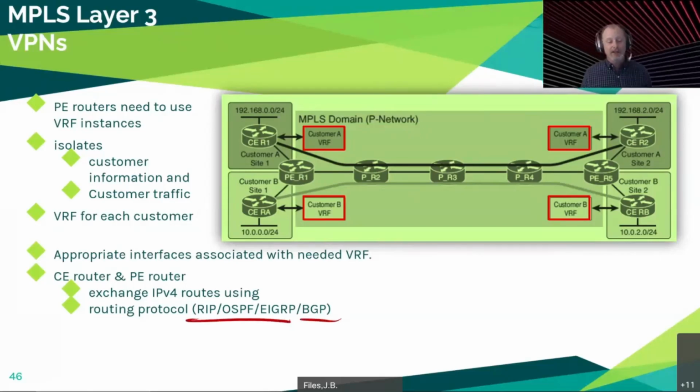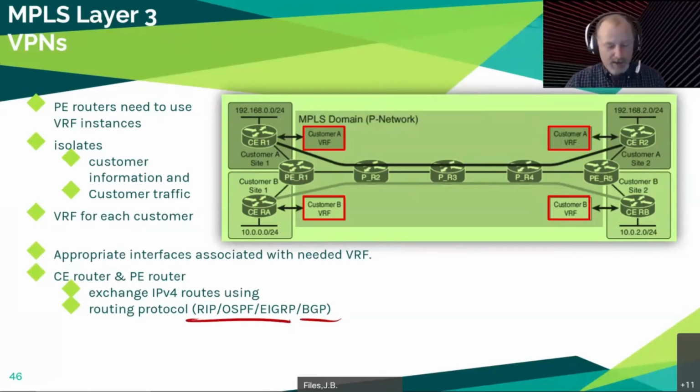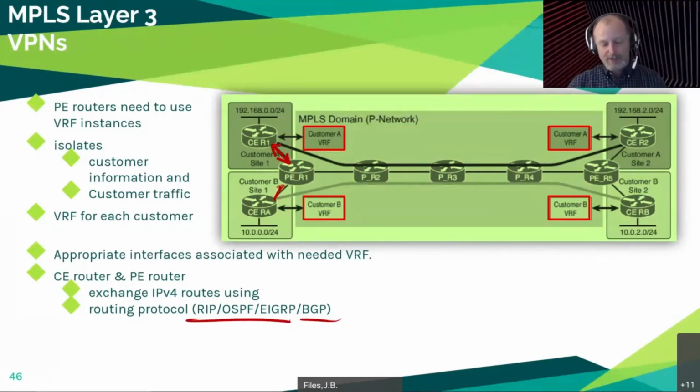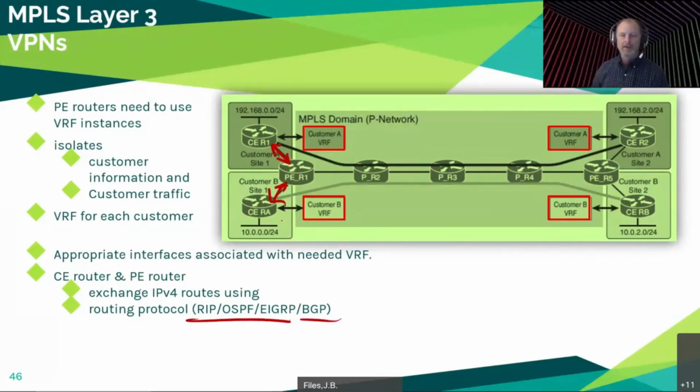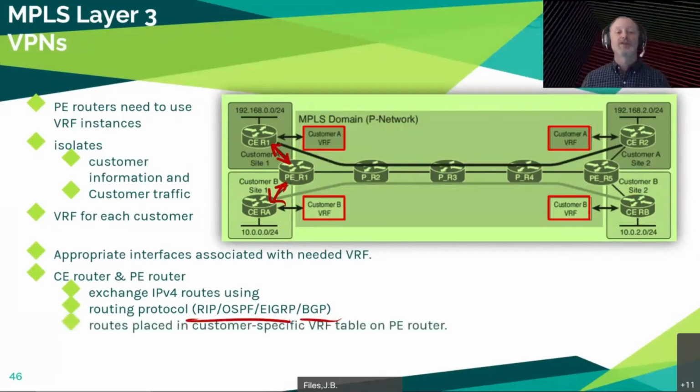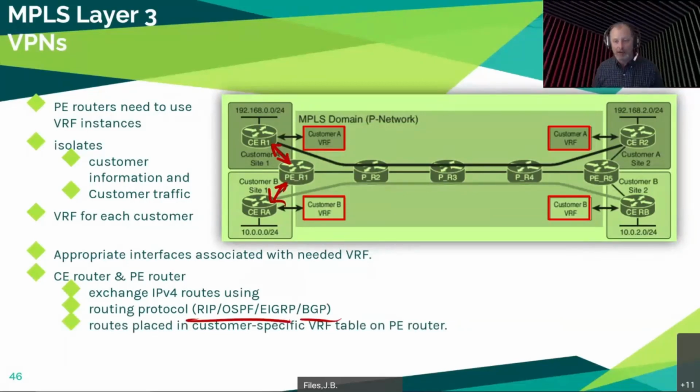Then those routes that are exchanged are placed in a customer specific VRF table on each provider edge router. Okay.